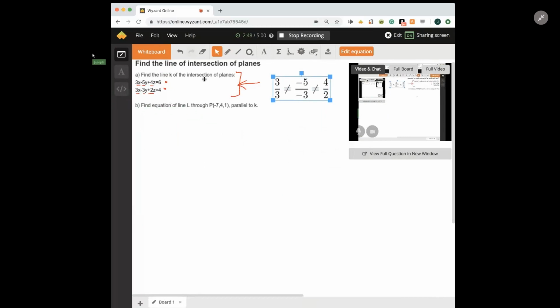So the first thing we want to do is find a position vector for this line, which is any point that both planes share. How can we do that? It starts with the equations of the planes.